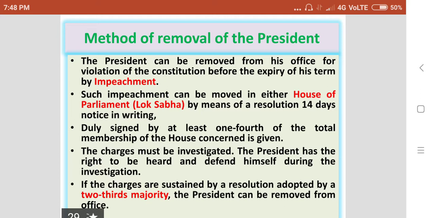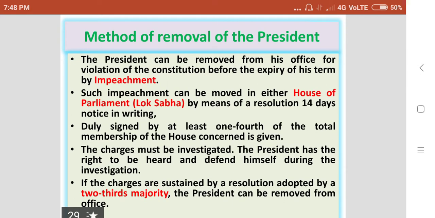Such impeachment can be moved in either House of Parliament, Lok Sabha or Rajya Sabha, by means of a resolution, after 14 days notice in writing, duly signed by at least one fourth of the total membership of the House concerned is given. The charges must be investigated.